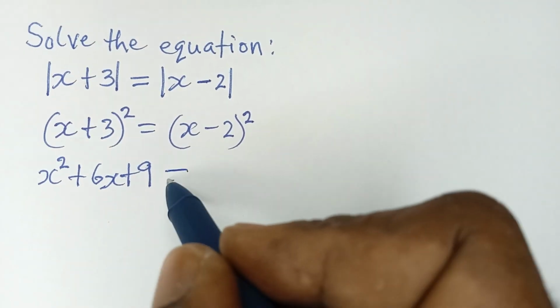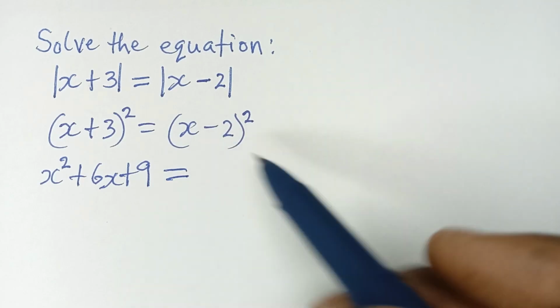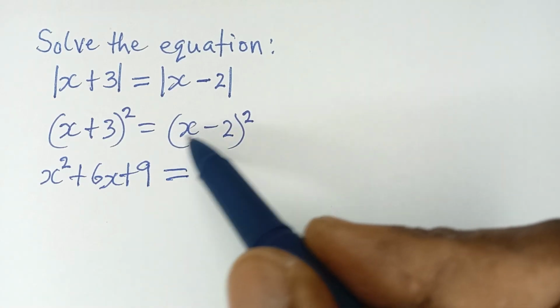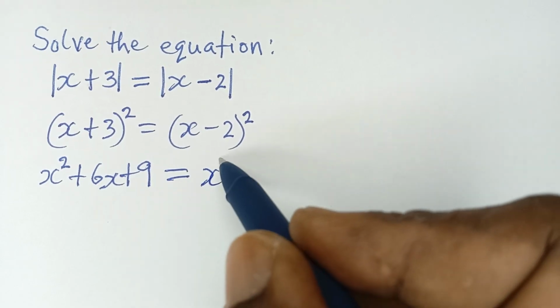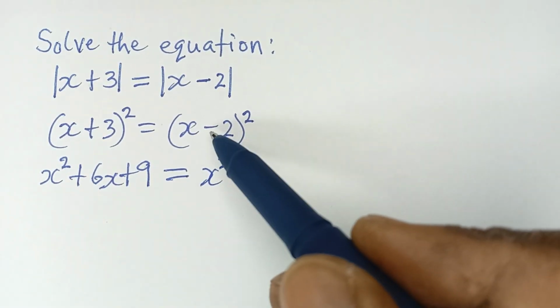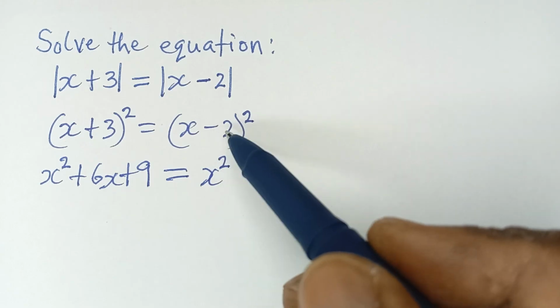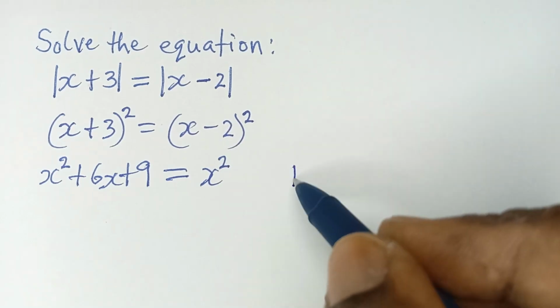In the same way, let's also use that simple trick to expand this. The first thing is to square this first part. When we square x, it's going to give us x squared. And then next is to square this last part. Negative 2 squared means negative 2 multiplied by negative 2, and that will give us positive 4.